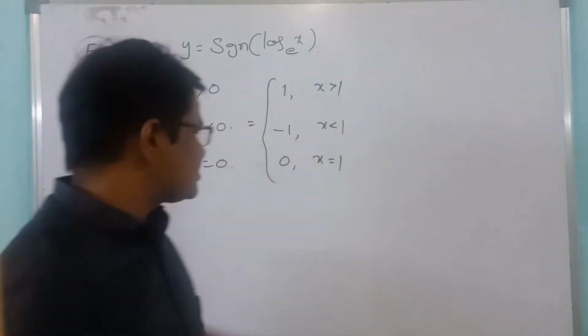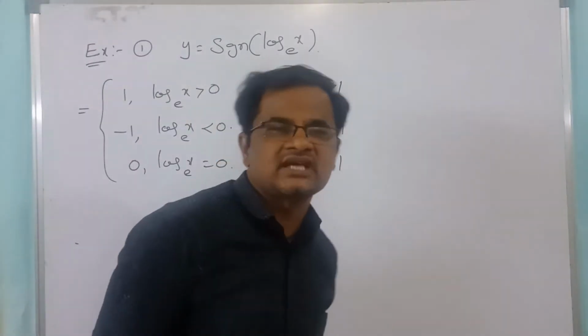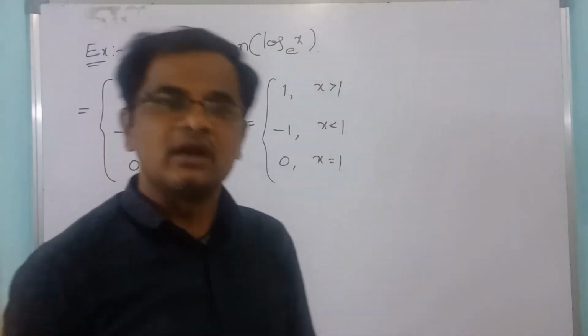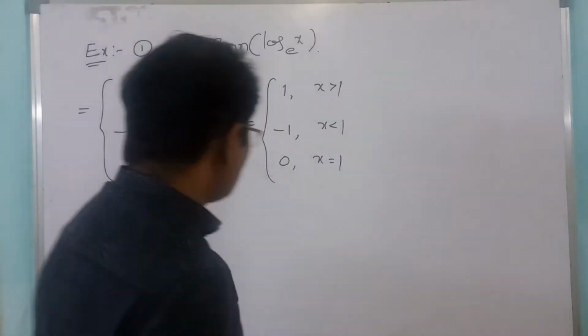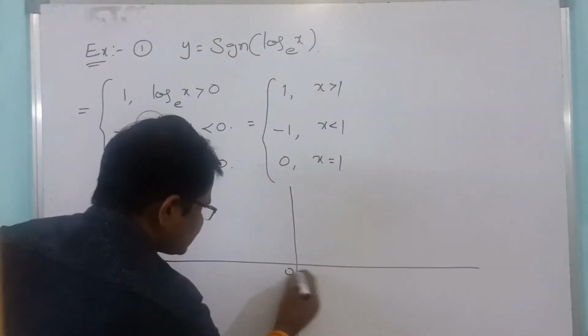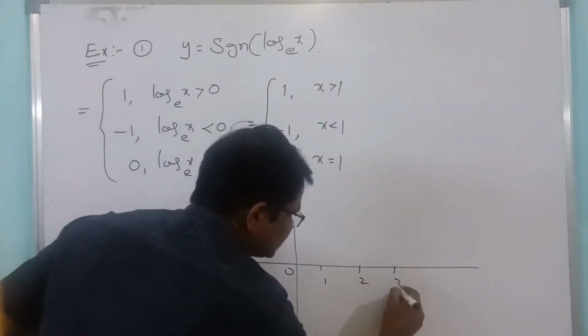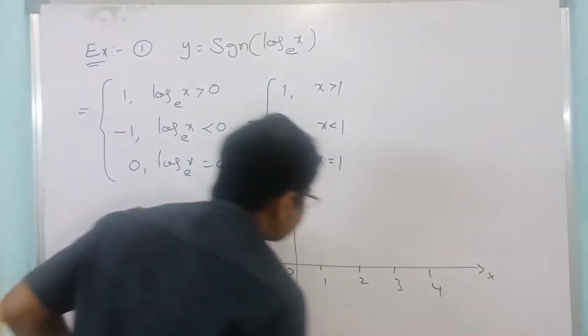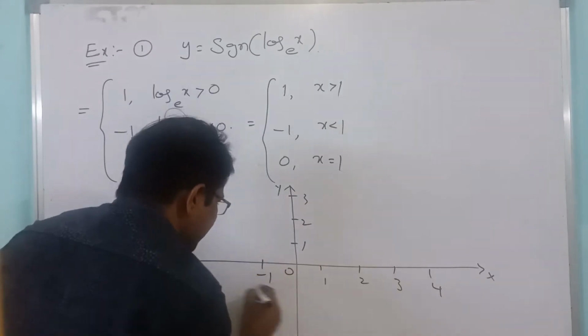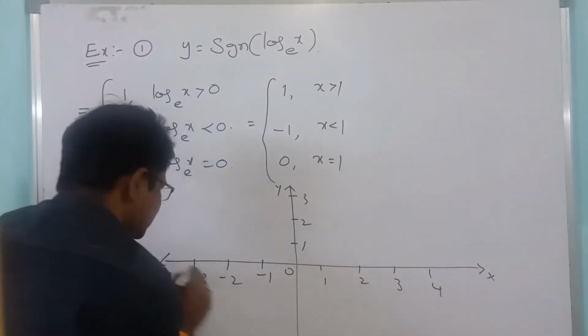So if you take this information on the x axis and y axis, you will get the graph of the signum of log x. How to get that? For that you take some points on the x axis: 1, 2, 3, 4, etc., and on the y axis 1, 2, 3, minus 1, minus 2, minus 3.